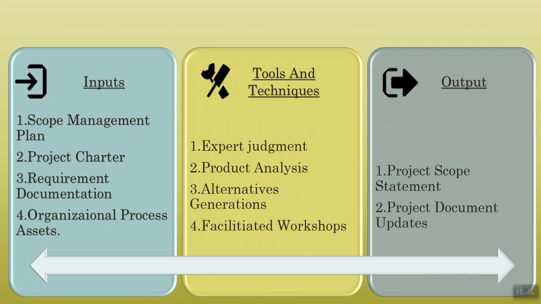Project charter is basically the purpose of the project mentioned and high-level specification of the project. Requirement documentation, which is the output of collect requirement process, and organizational process assets like previous experiences, policies, procedures, project files from previous projects, lessons learned from previous phases.